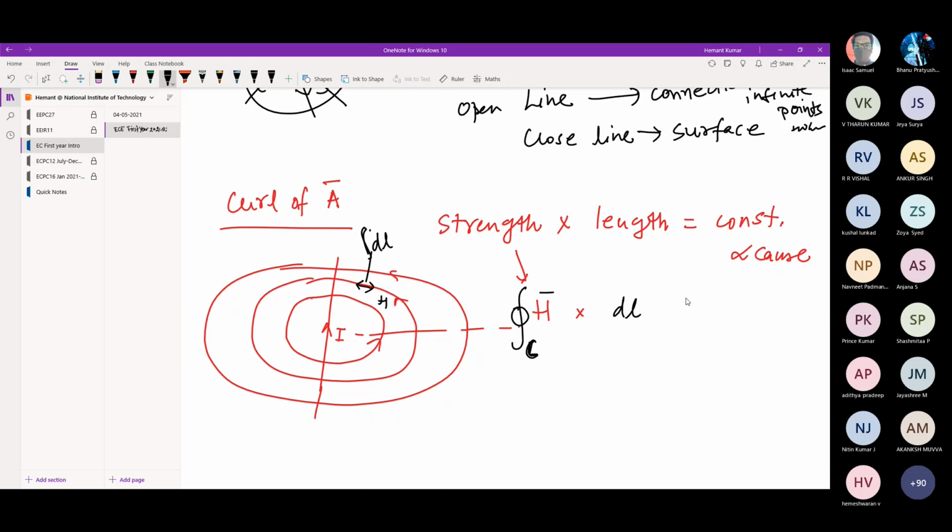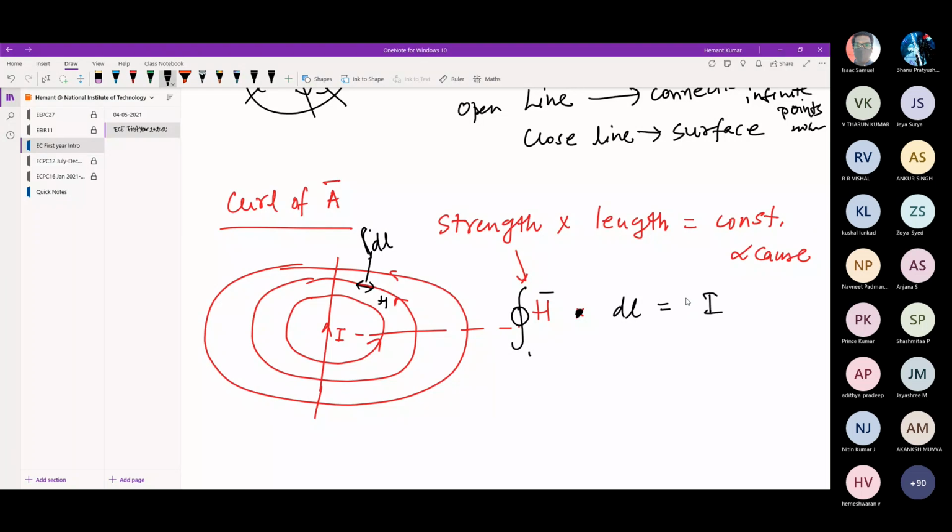Here I have written the closed line. Okay, it's not an open line. Here again I'm writing a closed line, C, you can say a closed curve, or simply you can remove it also, simply you can write H dot dl is equal to a constant, and that constant will be the current at the center.